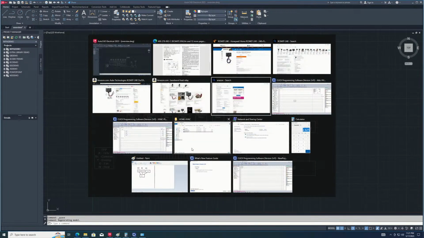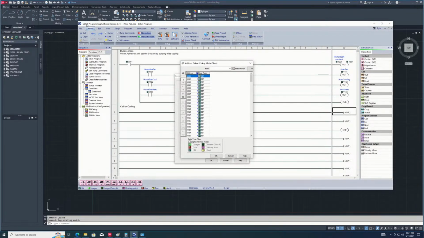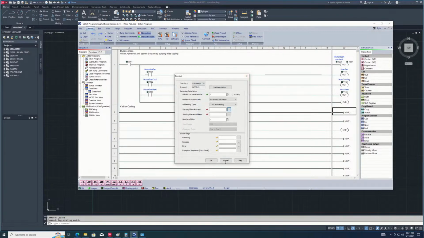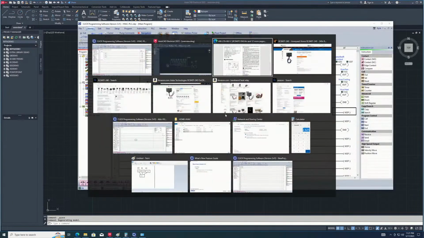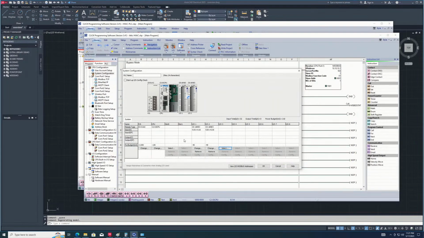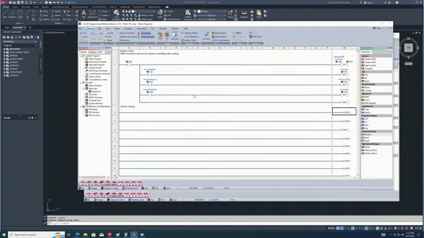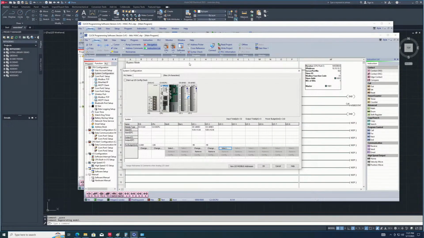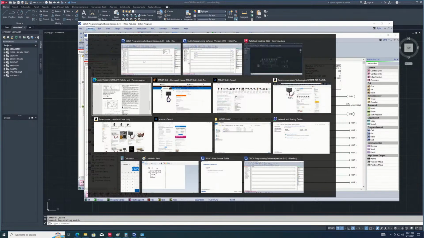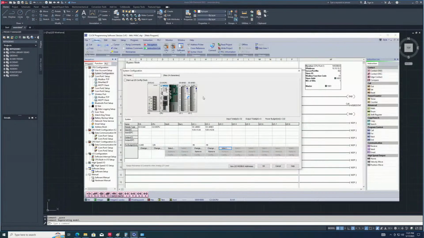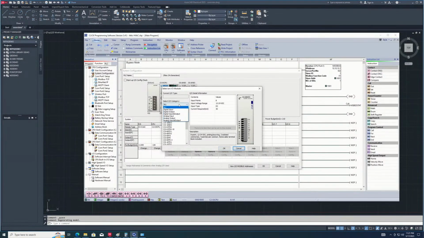Let's go to our, is this our attic one? This is our HVAC PLC. Let's look at our two of these. We're going to need an AC output. Where's that at? Can I sort it in here? Oh, I can. Digital output.